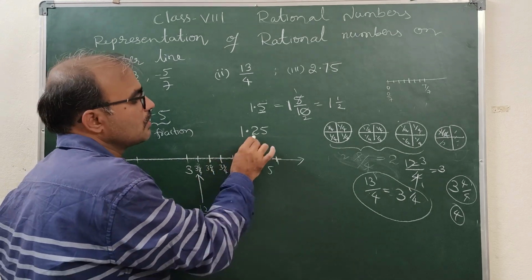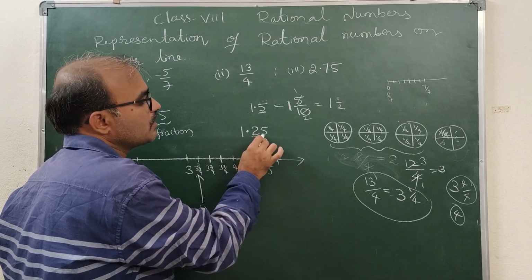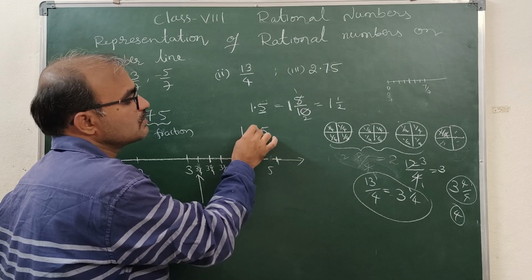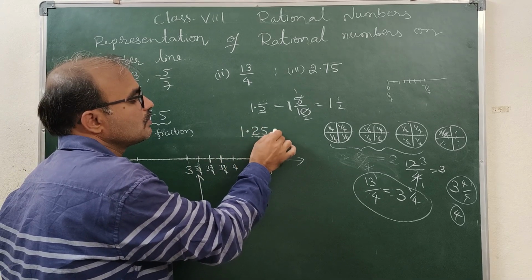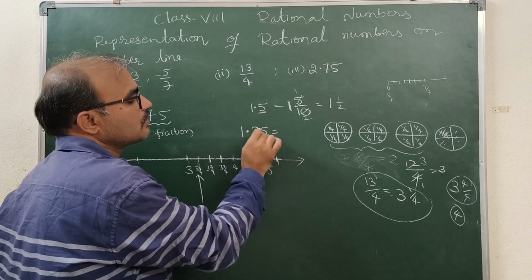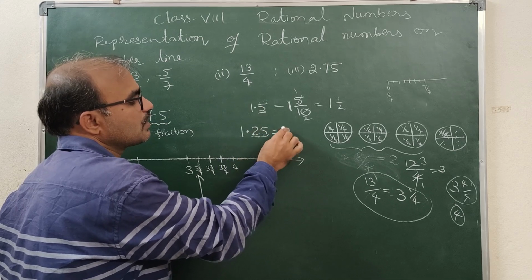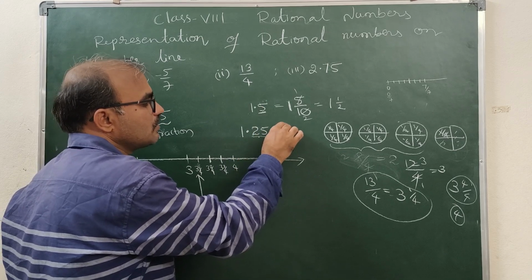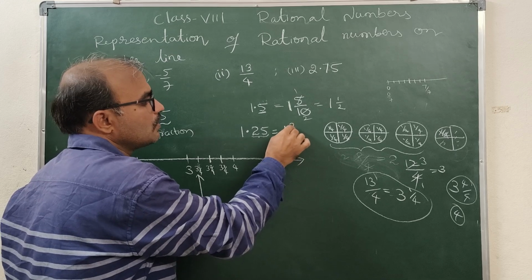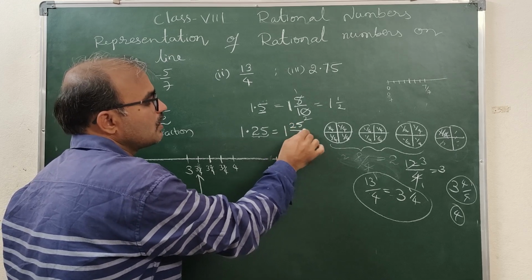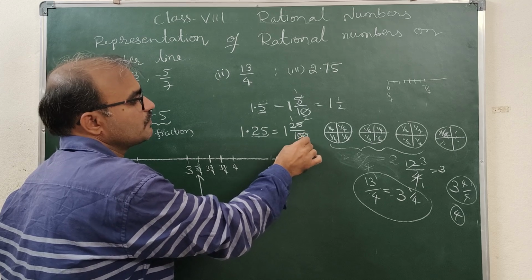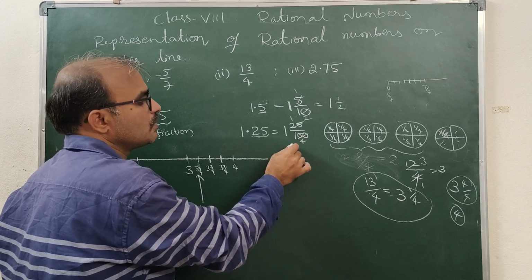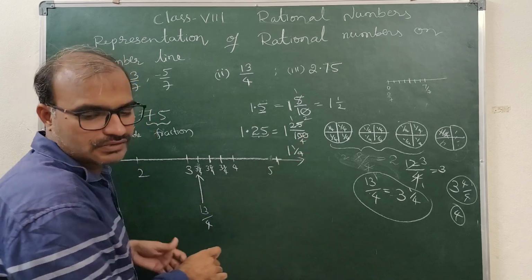One whole is made into 100 parts, and 25 parts are taken here, right? So that is why you write one whole, 25 hundredths. Again 25 ones, 25 fourths. It means one whole, 1 fourth.